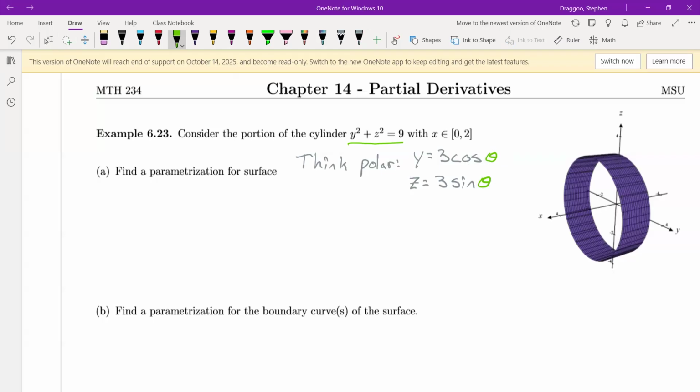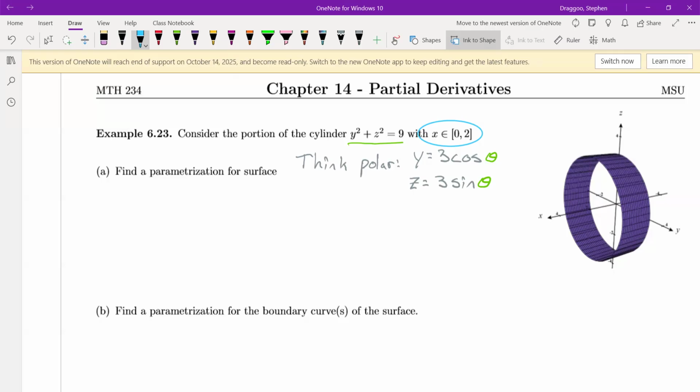Thinking about the order X, Y, Z, X, Y, Z, I tend to put the first one as cosine and the second one as sine. So for X and Y, X is cosine, Y is sine. For Y and Z, I tend to do Y cosine, Z sine. But then for Z and X, because I want my pattern to loop around, I'll use cosine for z and then sine for x. None of that is a very specific thing that you have to do, I just choose to do it that way so that I have some sort of order for what I'm doing.